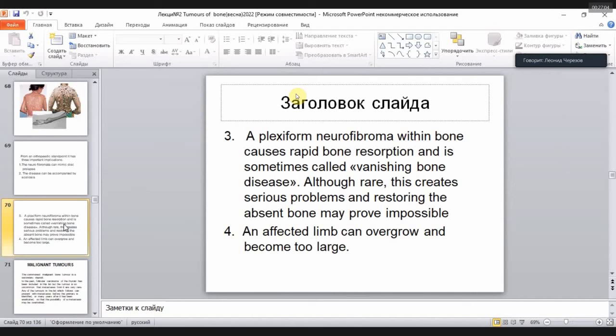Although rare, these create serious problems, and restoring the absent bone may prove impossible. An affected limb can overgrow and become too large.